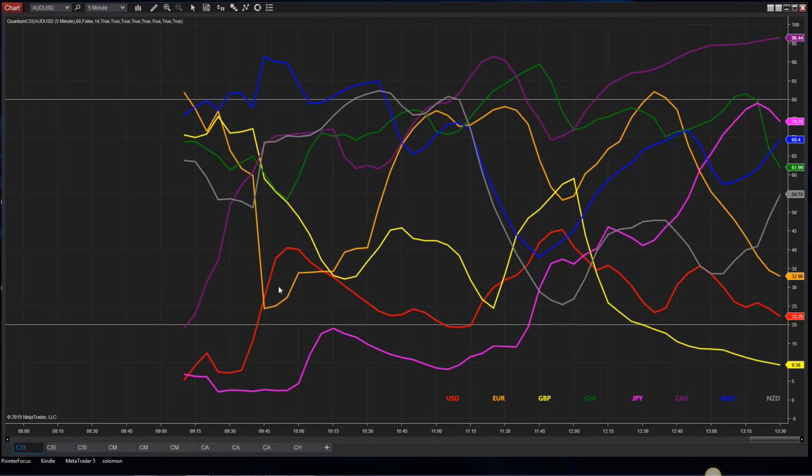We go down onto 5, just wait for that to load. When you see currencies rising or falling together, as we've highlighted many times, those are the ones which are either going to be in congestion or just not going anywhere. There may be minor trends, because if you've got very strong buying or selling in one currency and less strong buying or selling in the other, then the differential between the two may be enough to generate a trend.